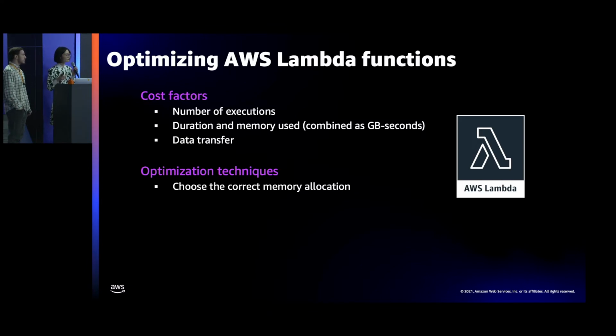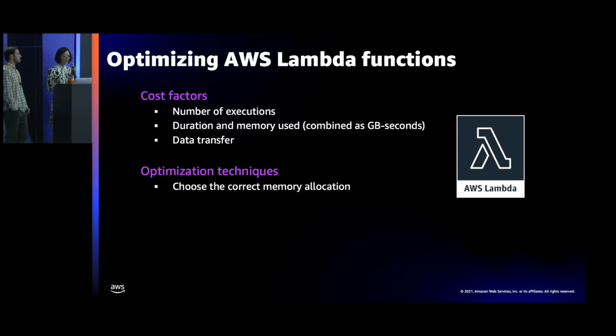But sometimes if you over-provision a little bit, it can reduce the duration of your Lambda function. So the increase of the Lambda cost may be negligible or maybe even decreased. So do not assume the smallest memory configuration always means the lowest total Lambda cost.